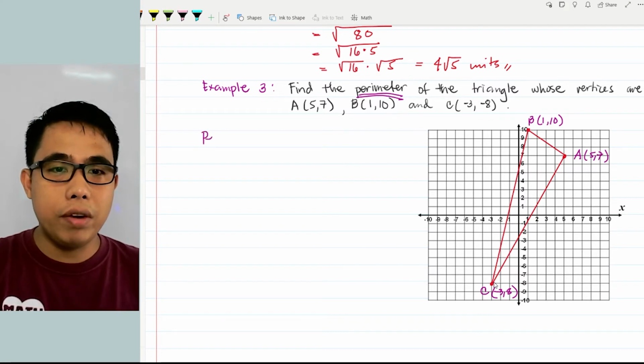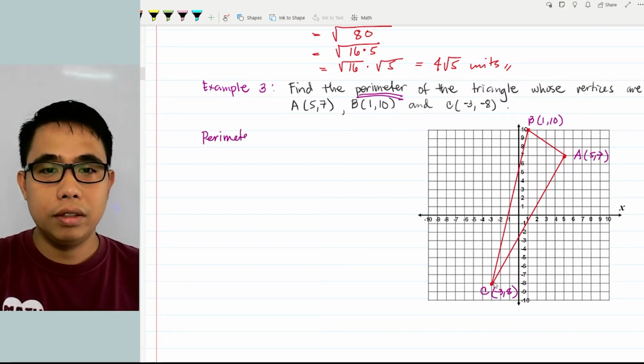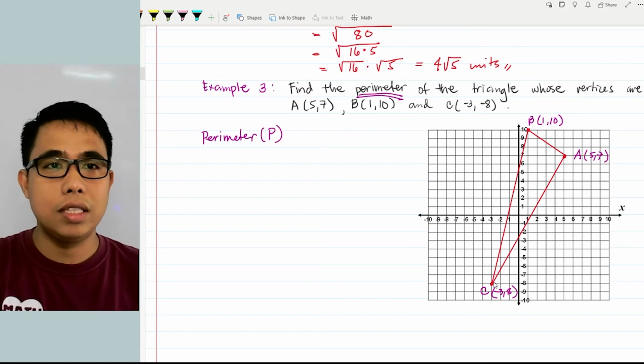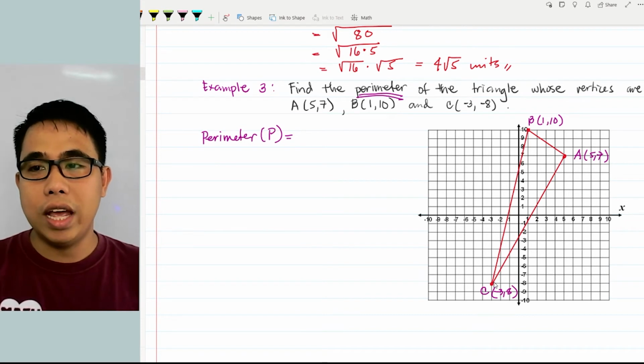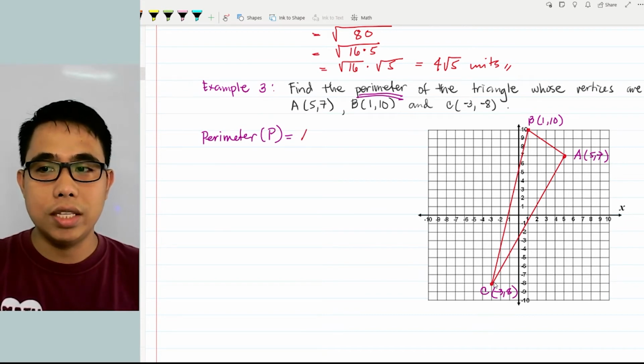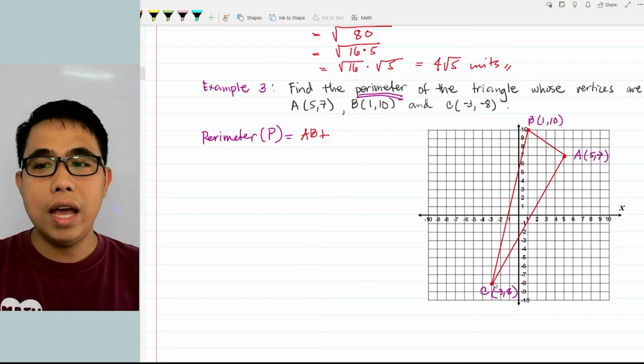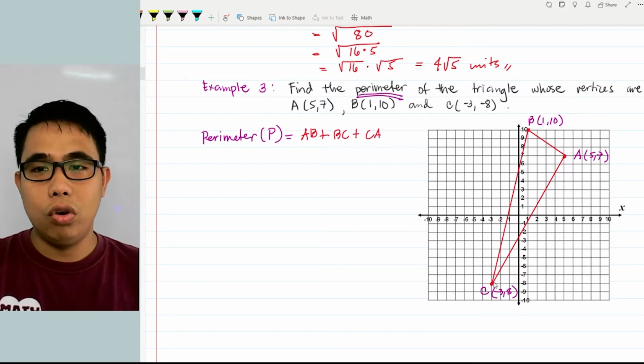And if we say perimeter, let's name it P, that is getting the sum of the lengths of the sides of the triangle, which is AB plus BC plus CA or AC.